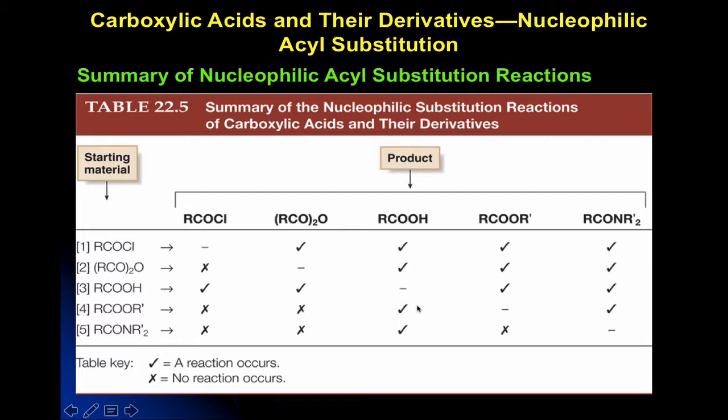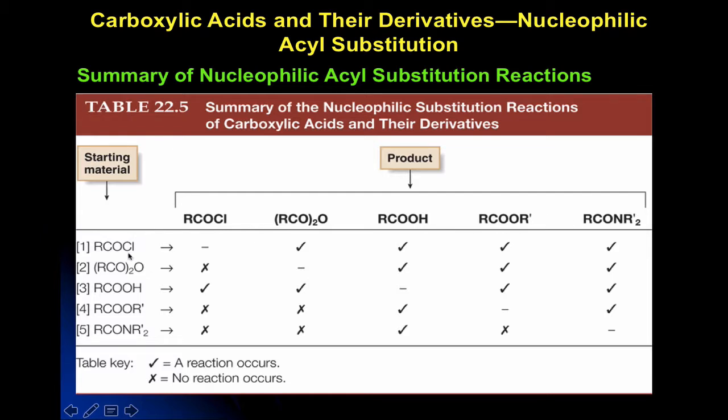So you all need to know this table. I would commit this to memory. So this is what we can do with the various acid derivatives. For example, if you look here on the top, we have acid chlorides, acid anhydrides, carboxylic acids, esters, and amides.